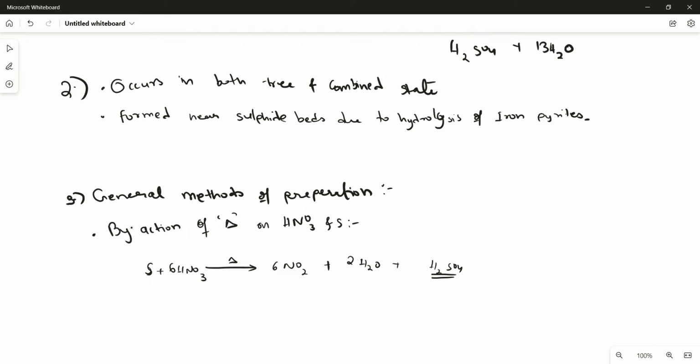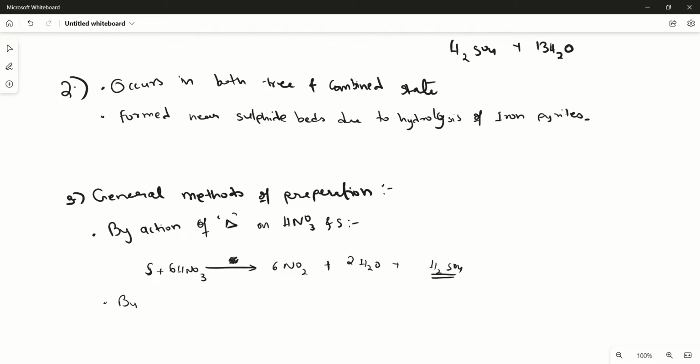This is not there in your book, but it's understood. So S plus 6HNO3 gives 6NO2 plus 2H2O plus H2SO4. This is by action of heat on HNO3 and sulfur.